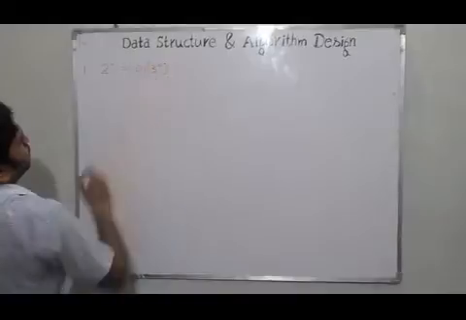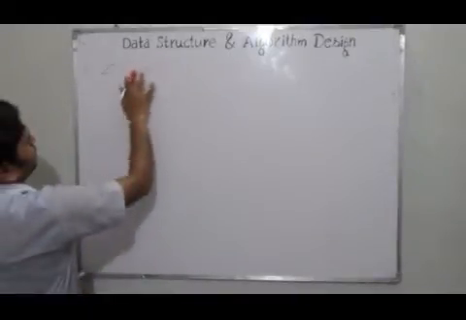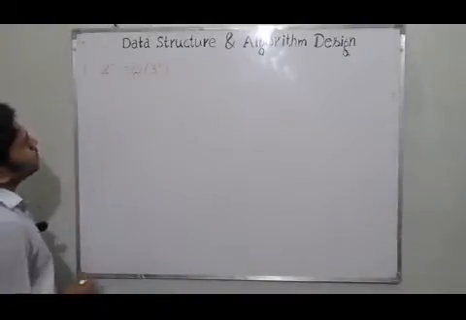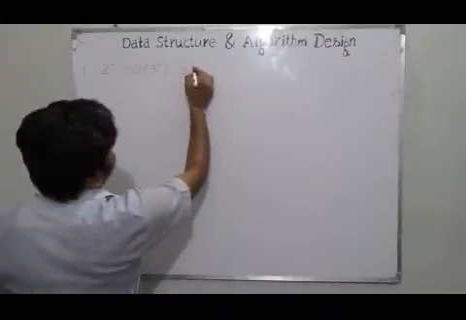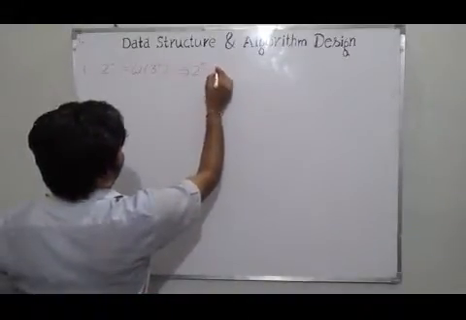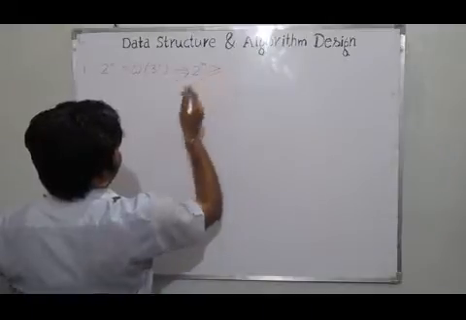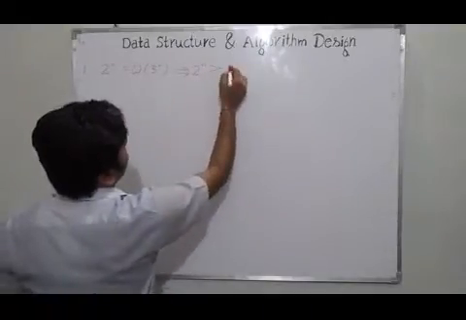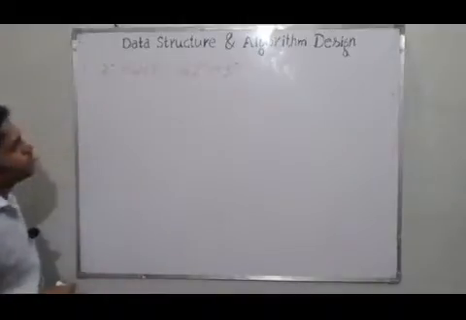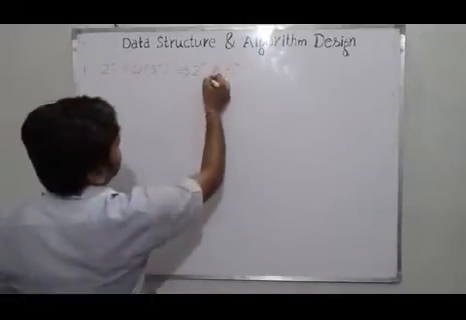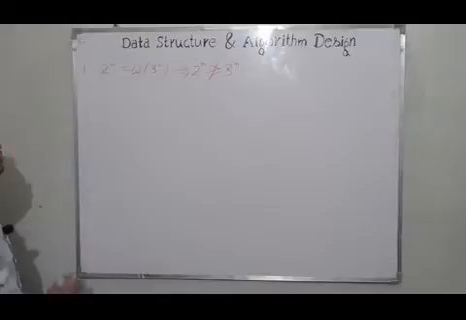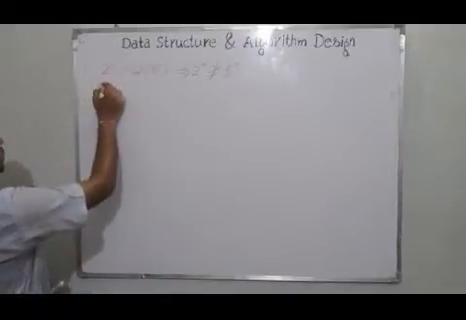Let us take the first example as 2n is omega of 3n. This simply represents that 2n is always greater than or equal to 3n. And we know this is never true, so the value comes out to be false.